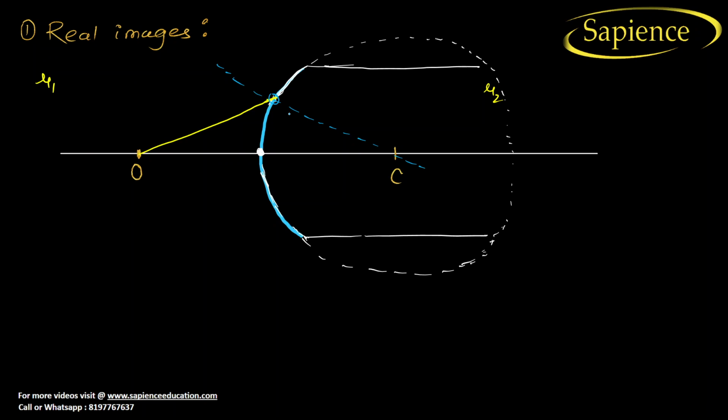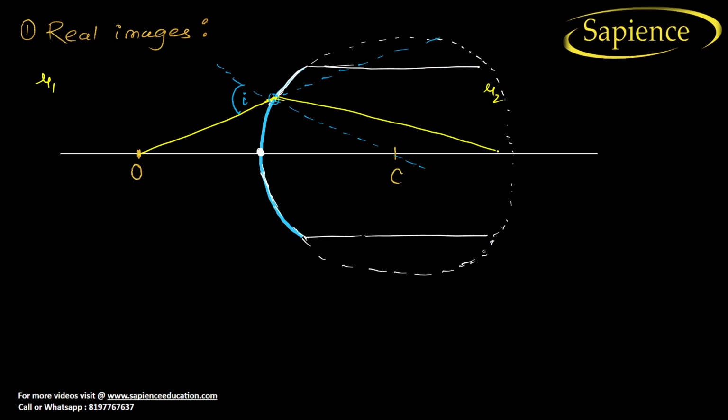Now think about this. This is the angle of incidence I. The light should go in this direction, but it will bend toward the normal due to the high refractive index.